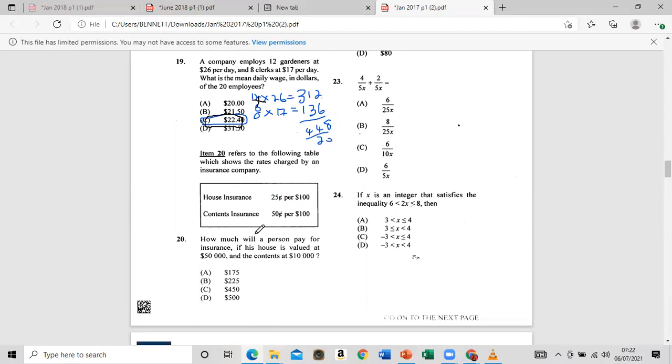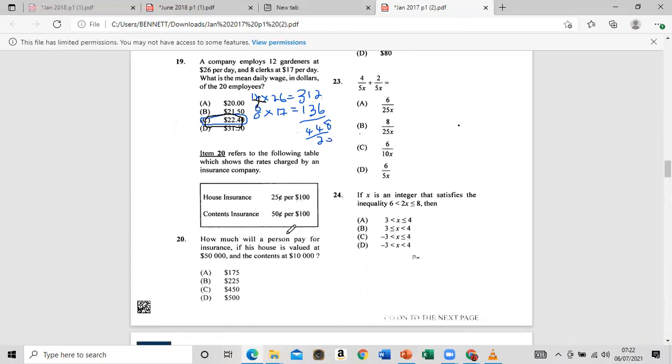How much would a person pay for insurance if the house is valued at 50,000 and the contents at 10,000? Remember what they gave us: home insurance 25 cents per 100. So I could just find out how much per 100.